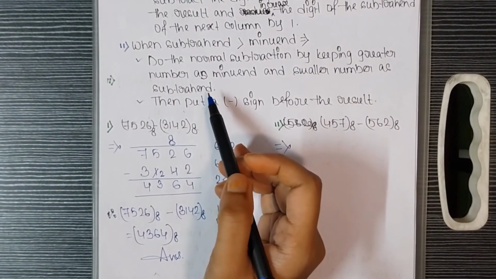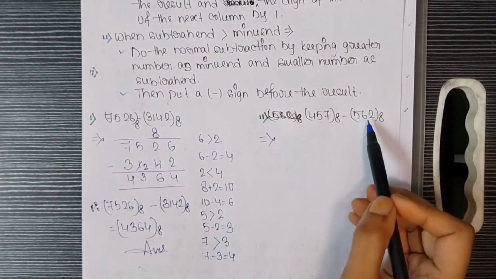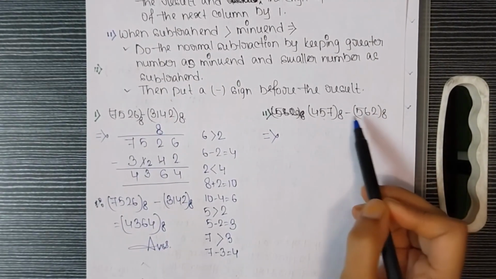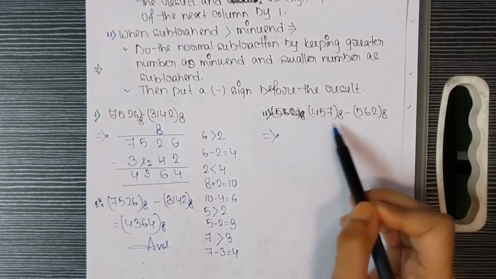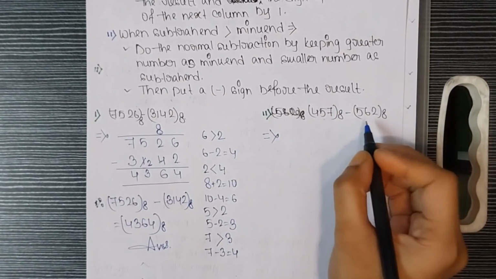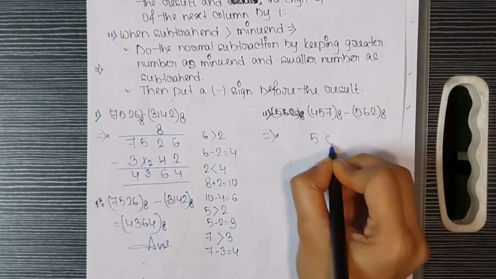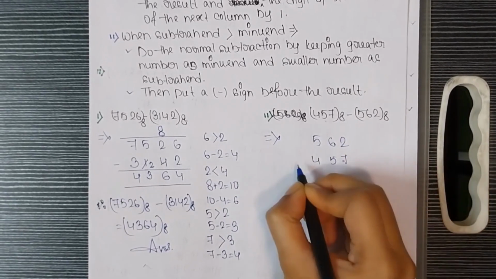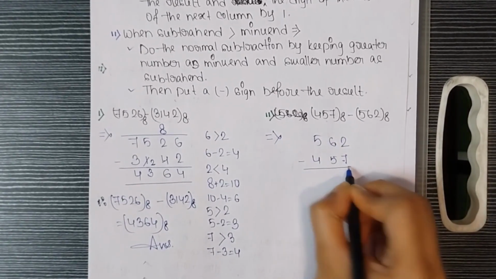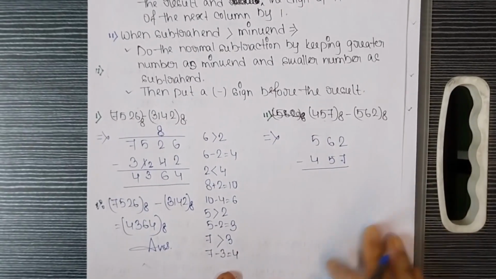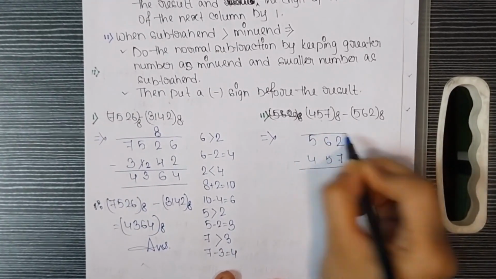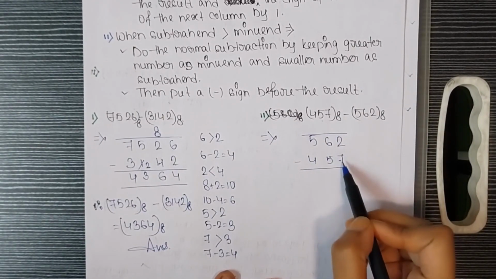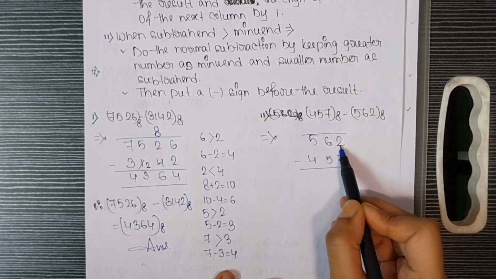So we consider the subtrahend as the minuend and the minuend as the subtrahend. We first write the subtrahend here and write the minuend below it. Now we subtract like the previous example, as now the subtrahend is less than the minuend.